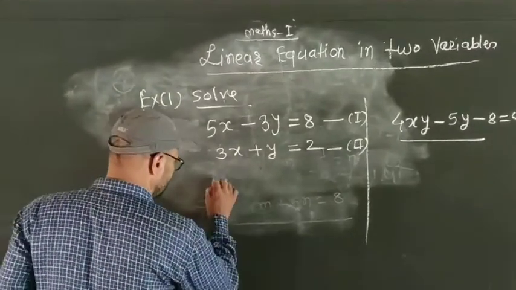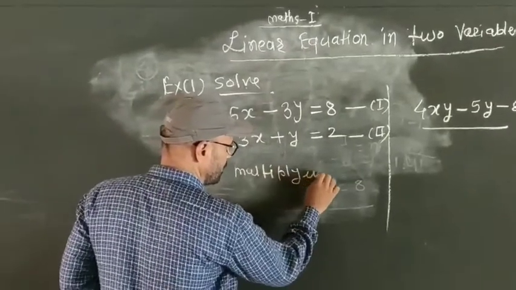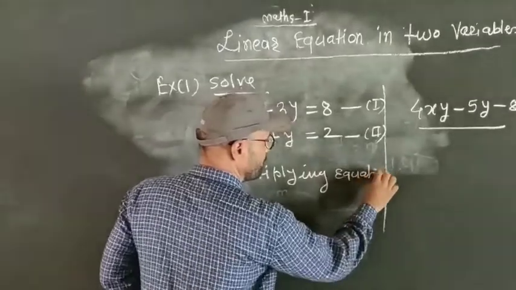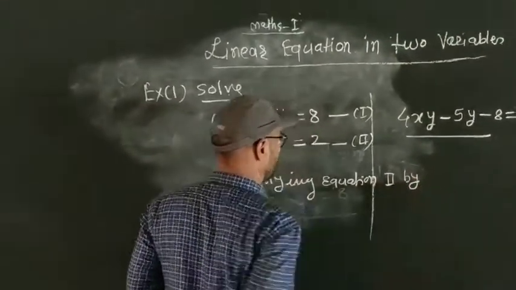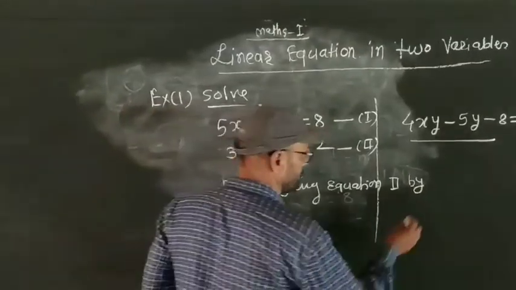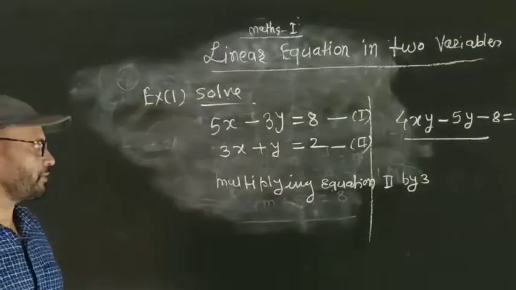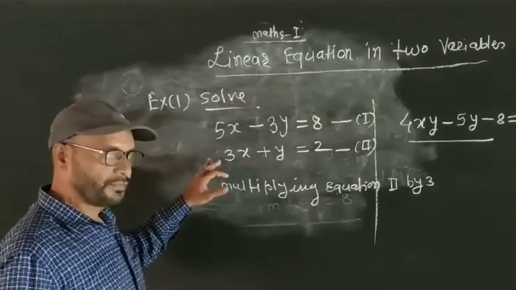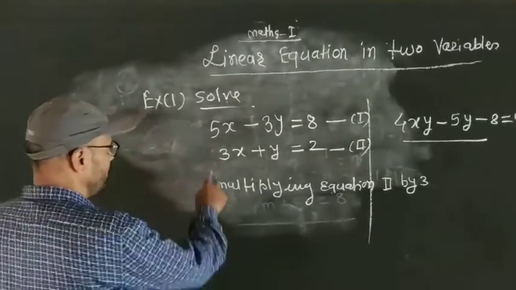Okay, so multiplying equation 2 by 3, we get another equation.